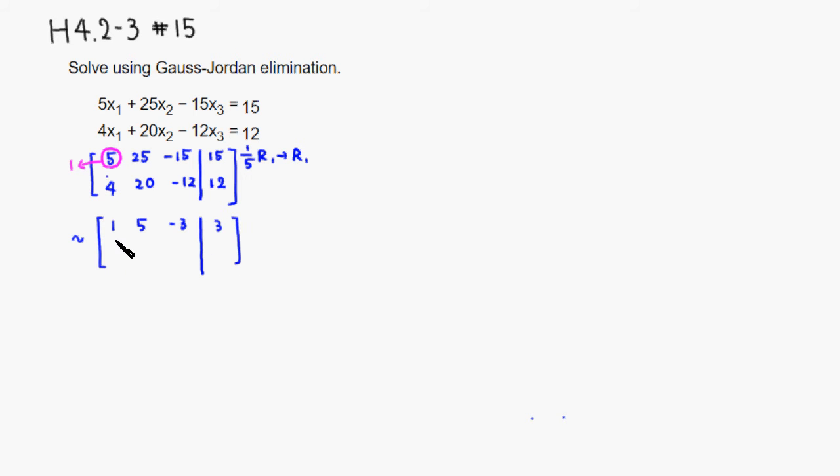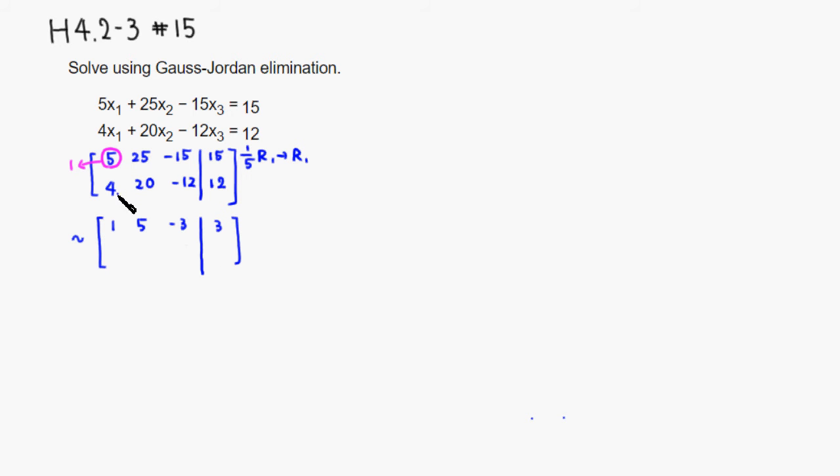Then we didn't do anything to row 2, so I'm going to keep 4, 20, negative 12, and 12. Actually, before I do that, maybe I should simplify this a little bit to make our lives easier.